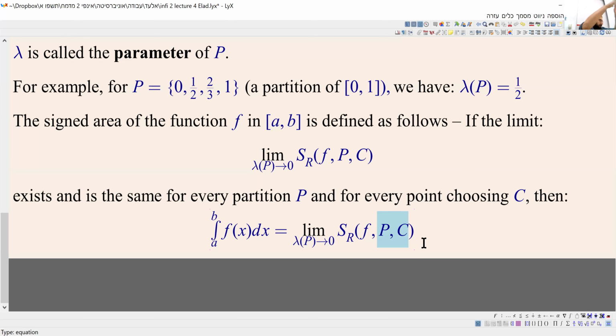For every p and c you put in, you get a different combined area of the rectangles, a different Riemann sum. And p and c are not real variables. They are both sets of real variables with a changing number of elements. So it's a very complicated limit to calculate.